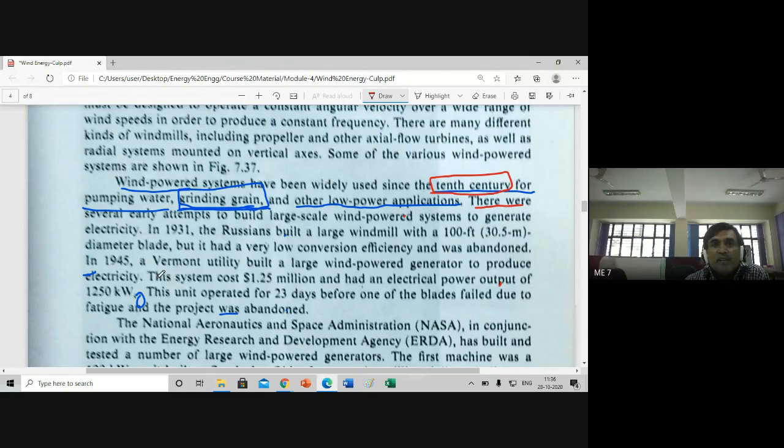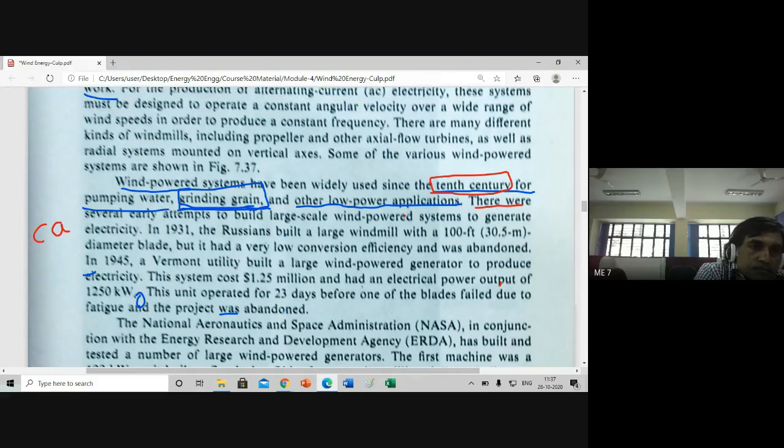Case study. In 1931, Russians built a large windmill with a 100 feet, 30.5 meter diameter blade.